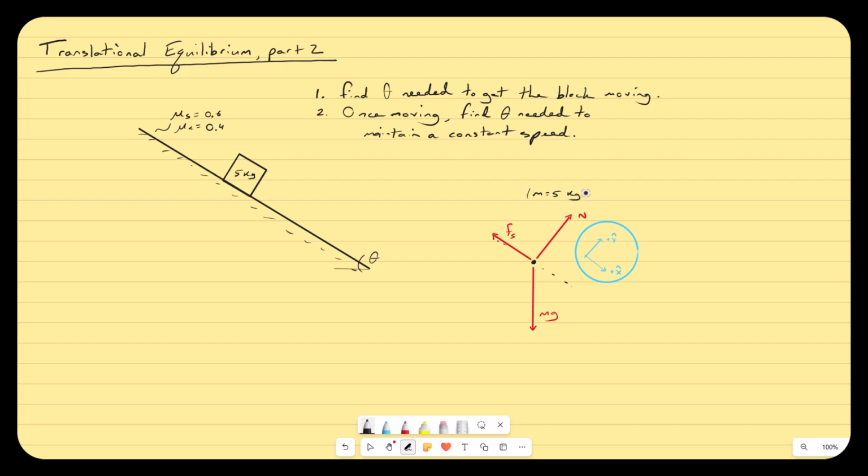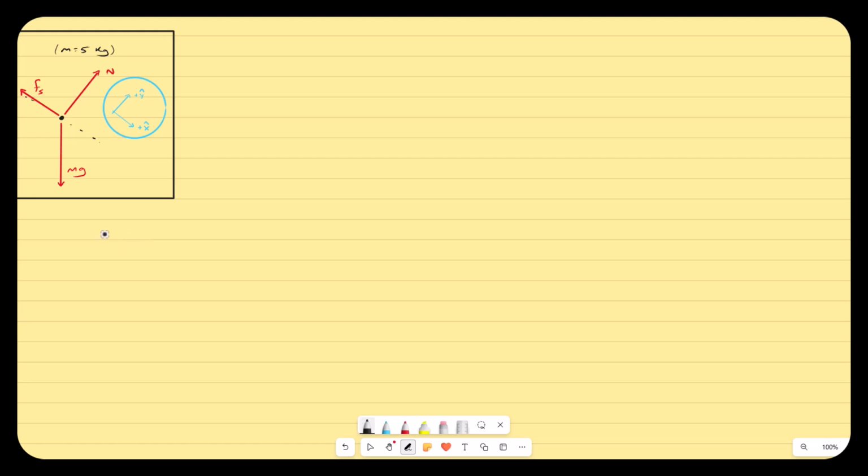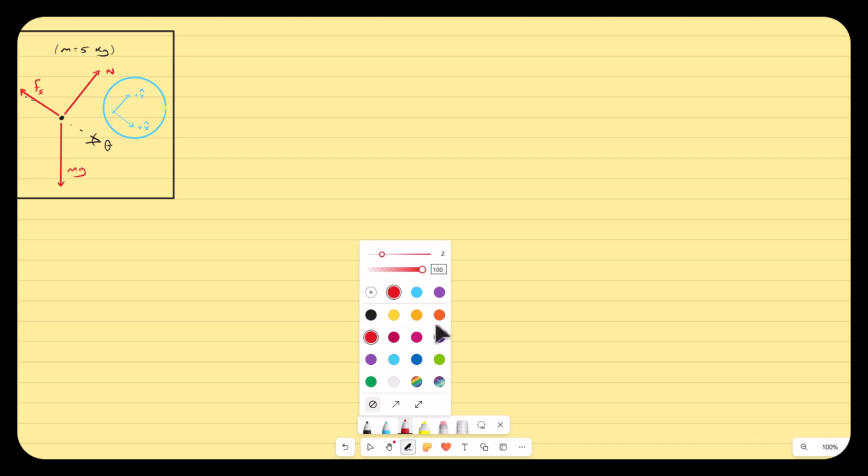Anticipating that I'm going to want to move the screen to have more room, I'm just including the mass right on the top of that free body diagram. Here I go. I know that the angle inside my ramp here is an unknown. I have normal force that points in y, friction force that points in negative x, mg that points diagonally.